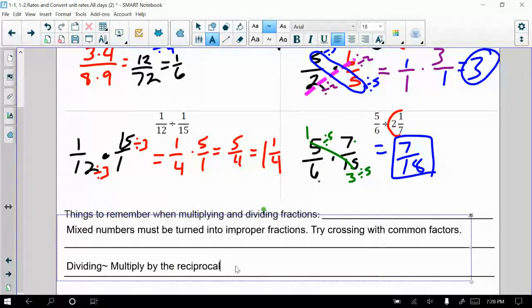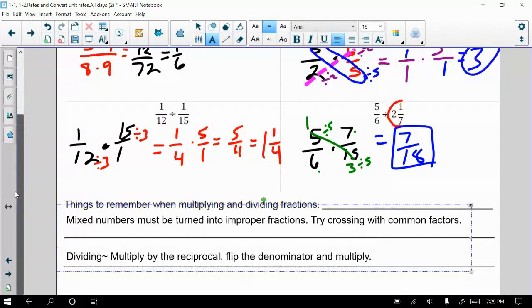What does that mean in 7th grade terms? You gotta flip the denominator. And multiply. Okay. A lot of you may remember that as the keep, change, flip method from 6th grade. All right, let's go down to the next part.